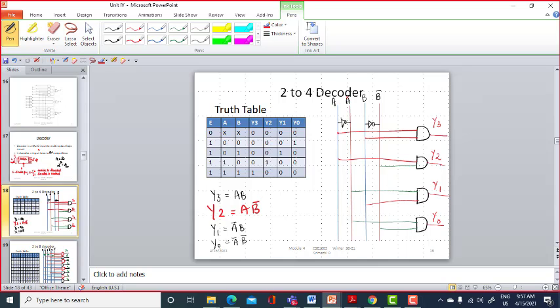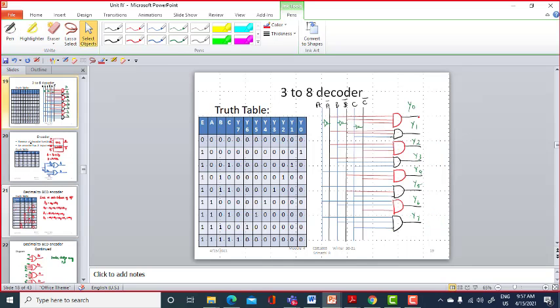So we can also implement the decoder by using logic gates. I have implemented it here with the help of AND gates. I have taken the lines A bar, B bar, and 4 AND gates for implementing Y0, Y1, Y2 and Y3. This is the 2:4 decoder.